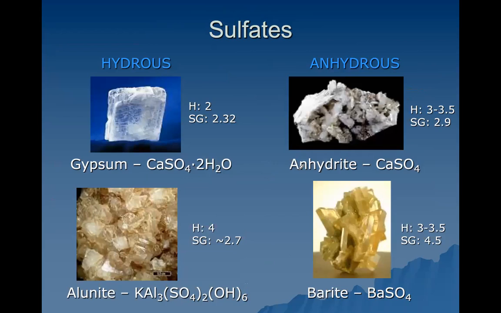Then we have another group, that is sulfate. This sulfate group can be divided into two subcategories: hydrosulfates and anhydrosulfates. So hydrosulfates, like gypsum, belong to the gypsum group, and the other one is alunite, right?